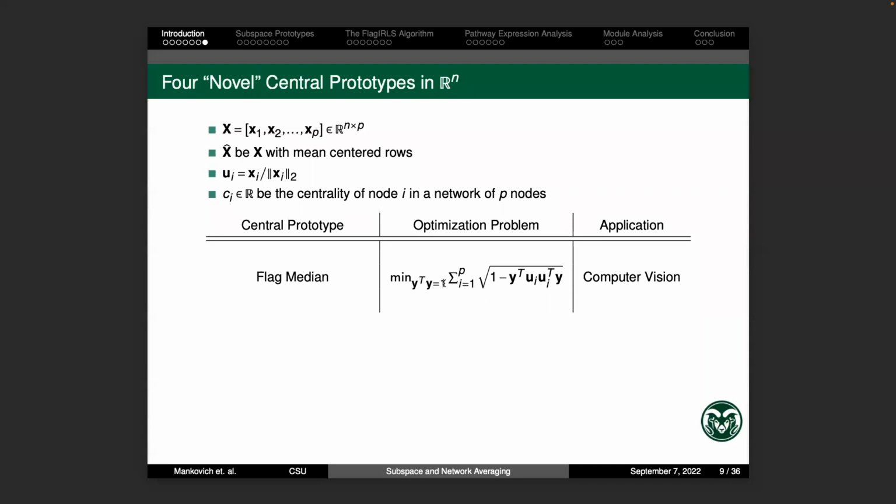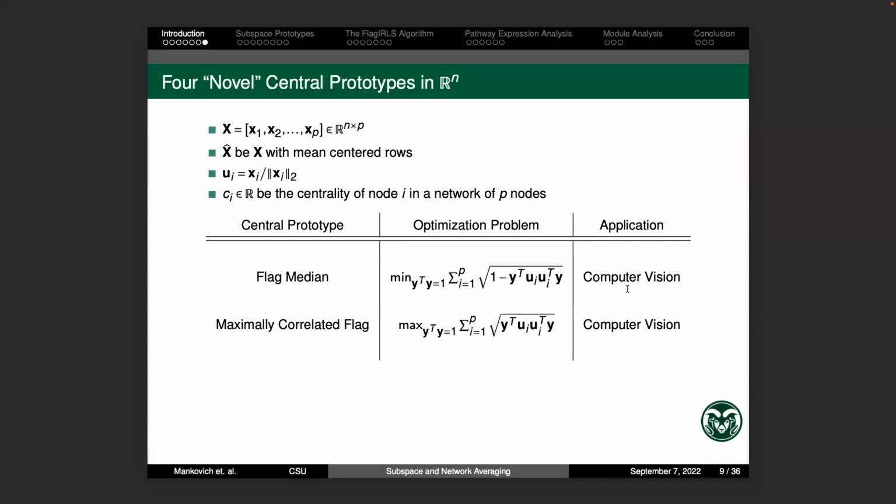This is the same as being a unit vector. And yeah, this is the optimization problem. And there's ties between this optimization problem and the angles between these unit vectors. And this is kind of where subspaces come in, and we'll talk about that later. The application of this is in computer vision.